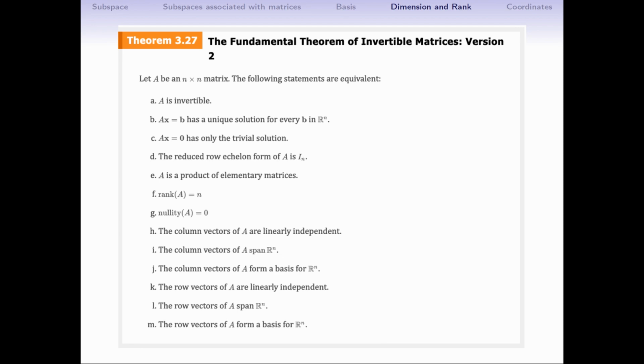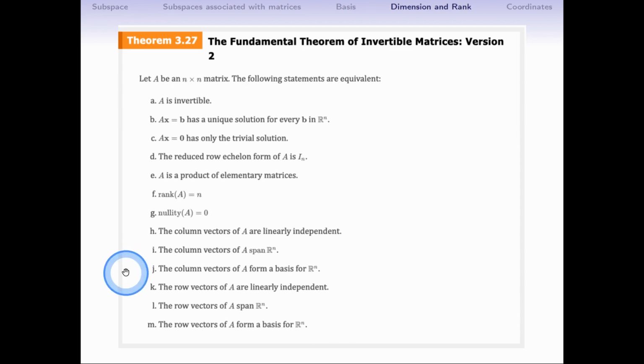So let's take a look at these remaining 8 statements. Statement F says that the rank of the matrix A is equal to n. Statement G says the nullity of A is equal to 0. H says that the column vectors of A are linearly independent. Statement I says the column vectors of A span all of Rn.